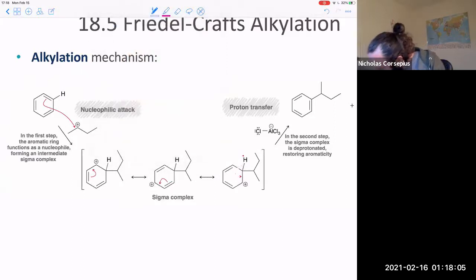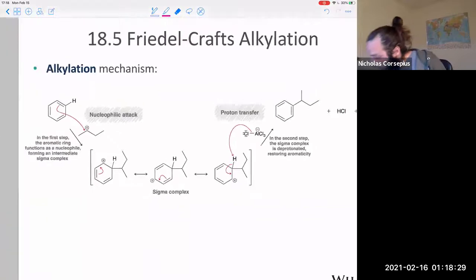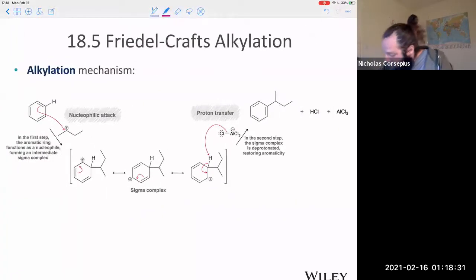And then the last step here is similar to what we saw in our chlorination reaction that's catalyzed by aluminum trichloride. You have this complex here where this bond can reach out and grab that hydrogen, again, reforming your aluminum trichloride catalyst, allowing this pair of electrons to come down and reform that aromatic ring. Okay, and again, notice that I've created this new carbon-carbon bond. Creating carbon-carbon bonds is always something that's pretty powerful.